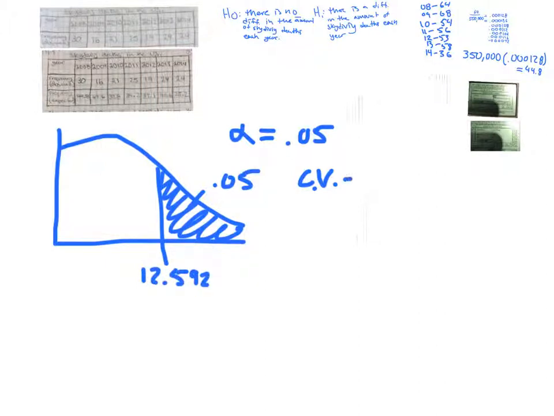Next, we need to find your test value. And that is found by going into your calculator and into stats list, and then inserting the data into list 1 and list 2. So you'll put your observed data in list 1 and your expected data in list 2. That'll look like this.